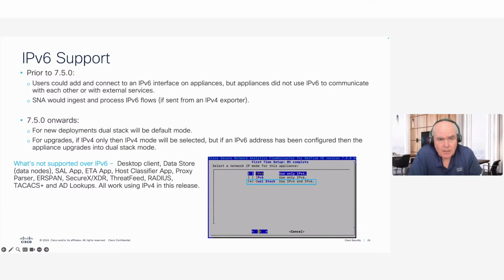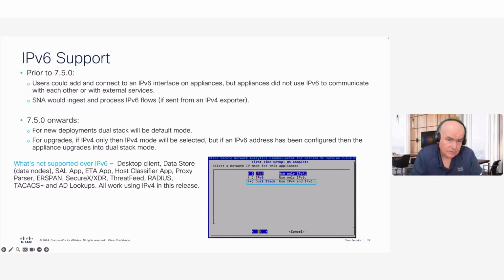So if you had IP version 6 on the network, we would consume those flows. But as you see the caveat there in brackets, only if it was sent from an IP version 4 exporter. The exporter being your routers, your switches, whatever the device is that's sending the flow. If it sent it to us via IP version 4, we could then consume the IP version 6 flows and report on them. That was prior to 7.5.0.